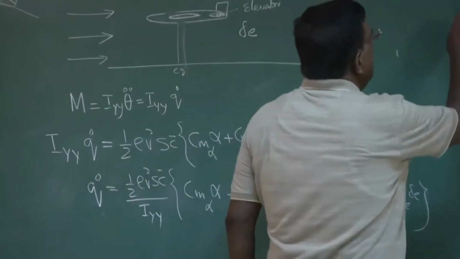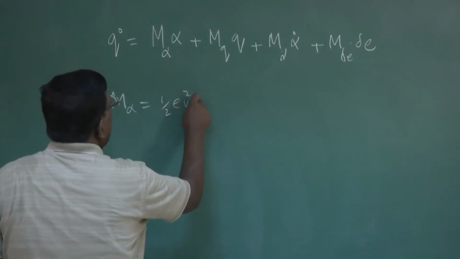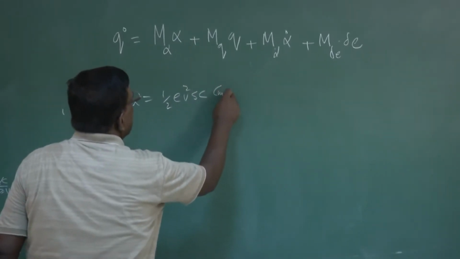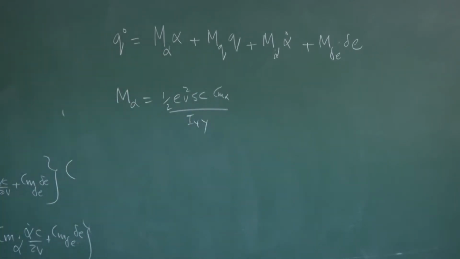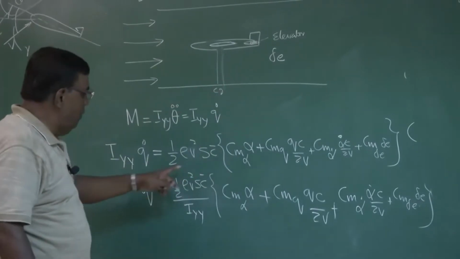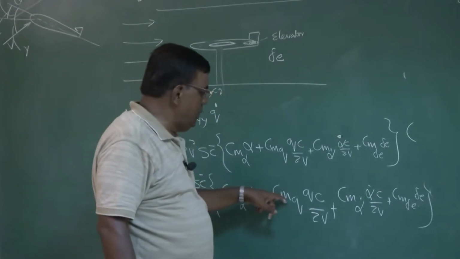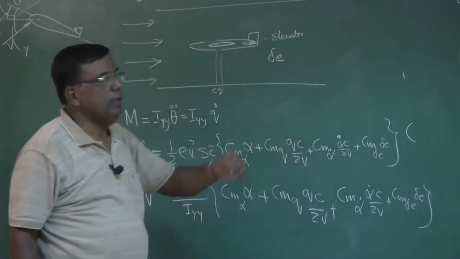You can easily see M alpha would be half rho v square S c bar Cm alpha by Iyy. It's a very simple manipulation. The whole of this into Cm alpha is M alpha. The whole of this into Cmq into c by 2v will be Mq. Like that, you can always find out.